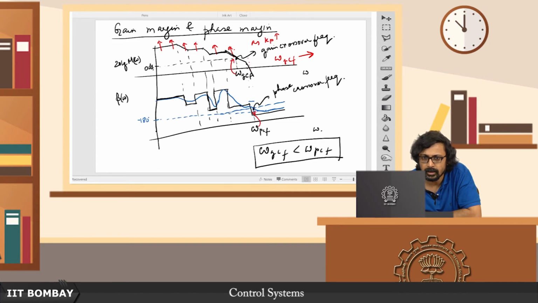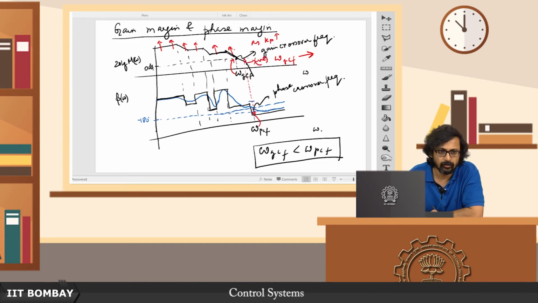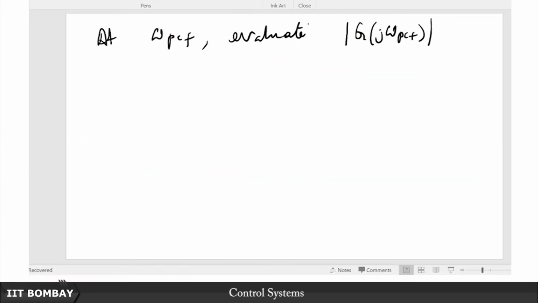So at omega PCF, if you try to find out this gain, you see that by virtue of the fact that omega GCF is less than omega PCF, this is going to be some negative quantity, no? This is going to be negative. So in other words, this is going to be less than 1.